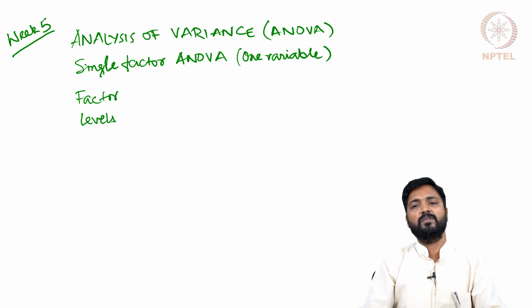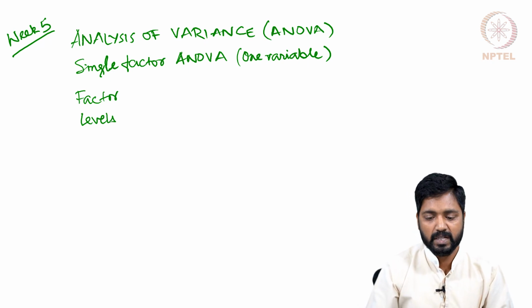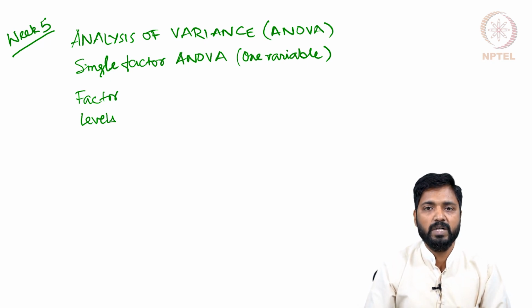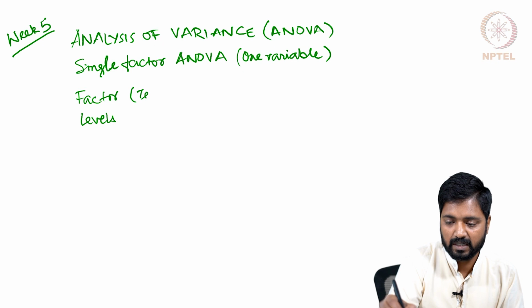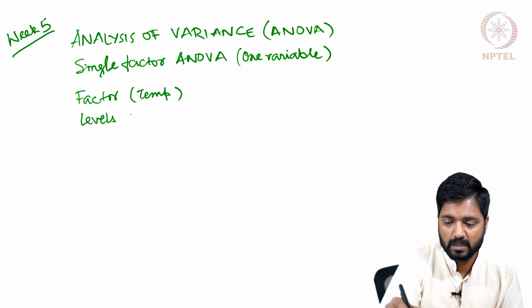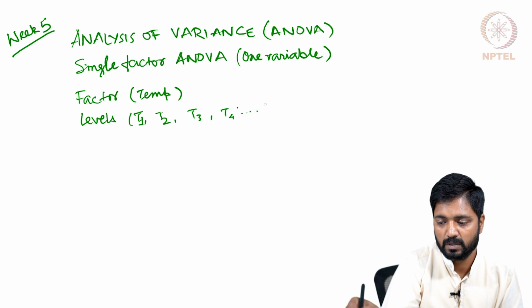For example, if the factor is temperature, then the levels will be the various temperatures at which a certain measurement was repeated. So, if the factor is temperature, then the levels will be T1, T2, T3, T4, and so on.